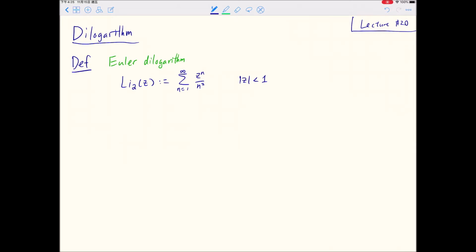And then it is well known that this expression can be analytically continued to the complex plane with a branch cut. So as in many well-known examples, this will be defined by a contour integral from 0 to your complex point z of the log of 1 minus u over u du. So here will be in this branch cut.